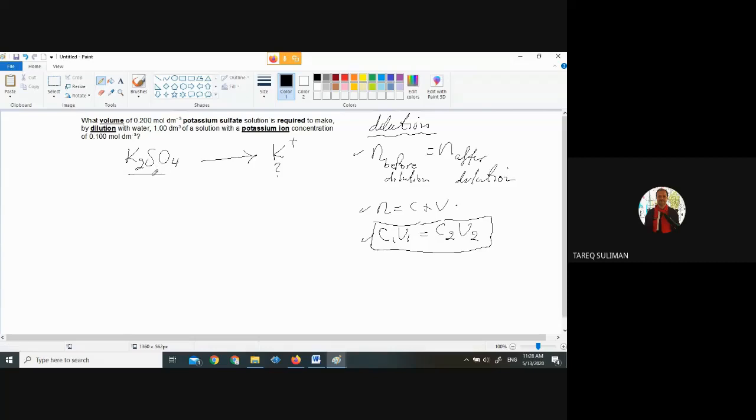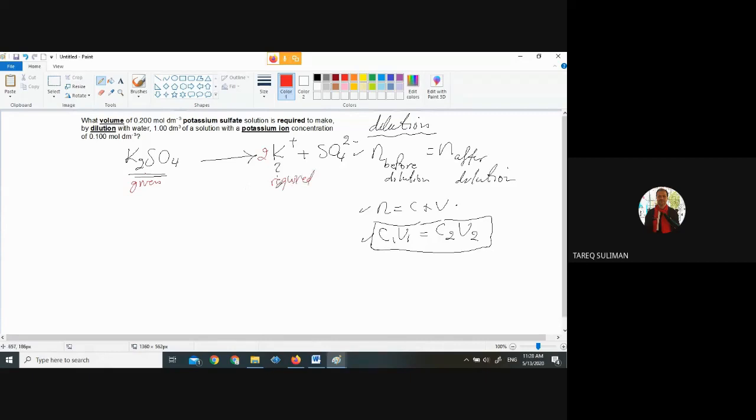So we need to write the equation of dissociation of this salt, because they are not asking us about K2SO4, but about a species produced from K2SO4 by dissociation. We balance it. This is 2. We have, this is the given, this is the required.